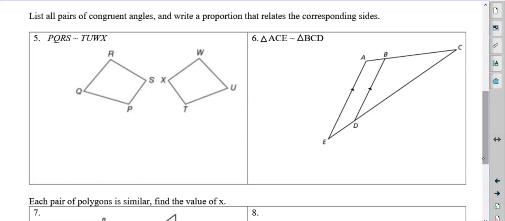Okay? Remember the trick here is it says PQRS is similar to TUWX. So I'm going to put TUWX just like that.